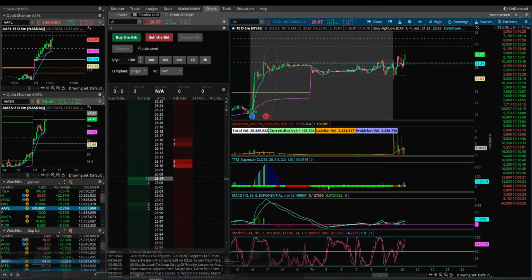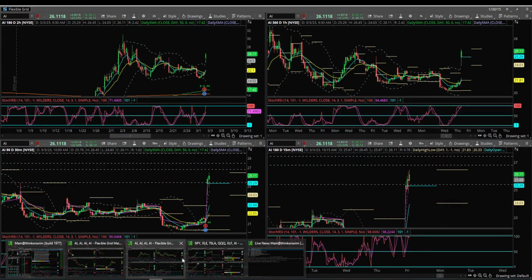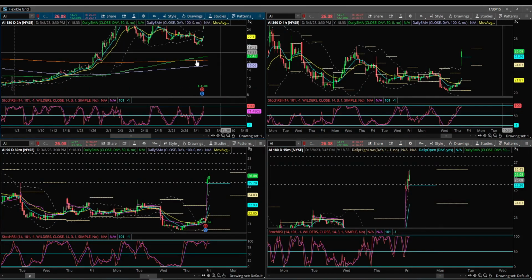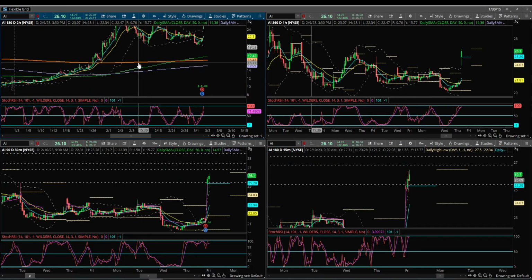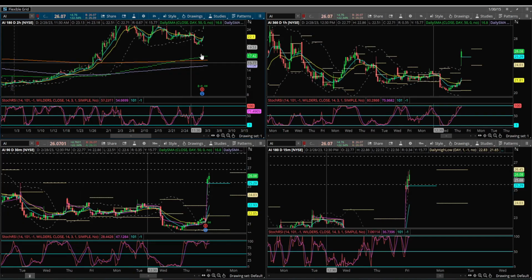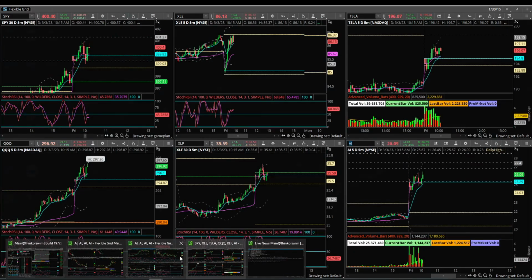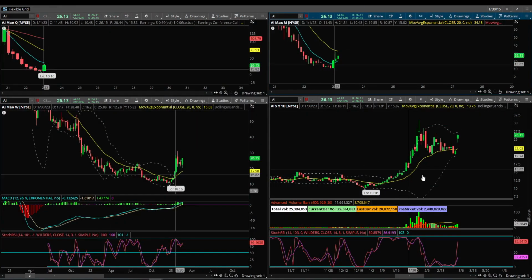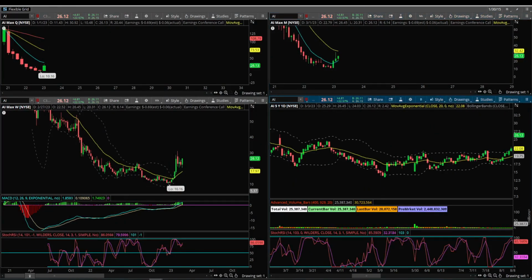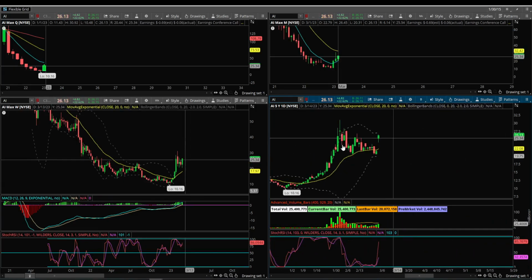So what this does, you can see here, it plots the daily moving averages on your intraday charts. So personally, in my preference, I don't like using daily moving averages on my daily charts.